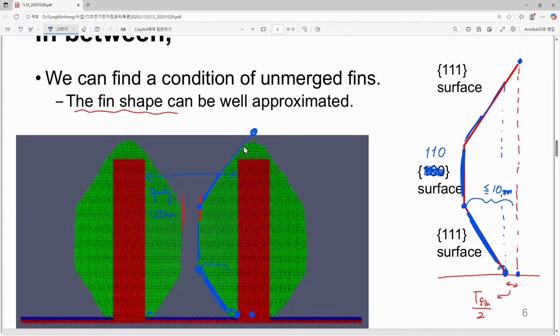Of course, you may say that this part is a little bit rounded. Yes, that's true. But if we spend a little more time and expand it further, then eventually they will be sharper. So you can see that this is the approximated, or geometrically calculated, shape of our source drain region.